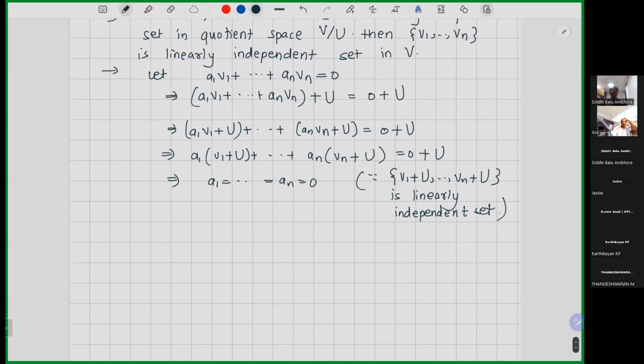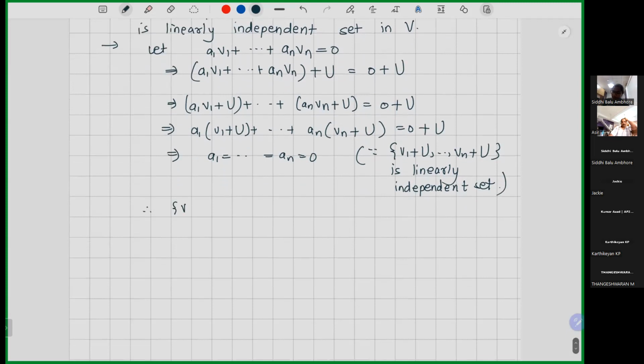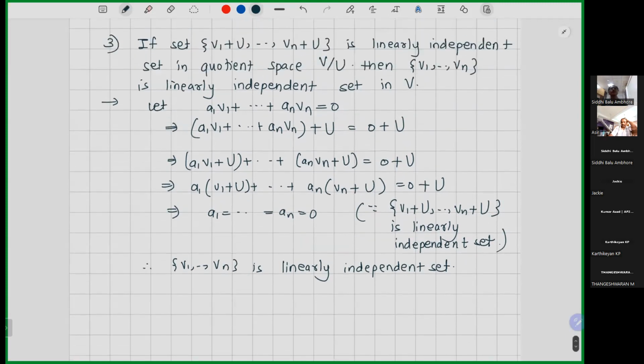So we started with a linear combination of v1 to vn equal to 0 and we got that all the coefficients of v1 to vn are 0. So this implies that the set v1 to vn is a linearly independent set. Is it clear? If v1 to vn is linearly independent in V, the set v1 plus u to vn plus u in the quotient space need not be linearly independent.